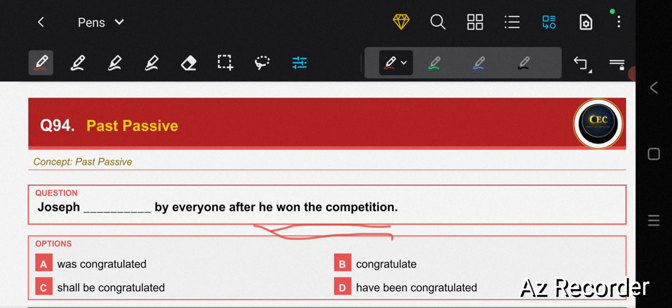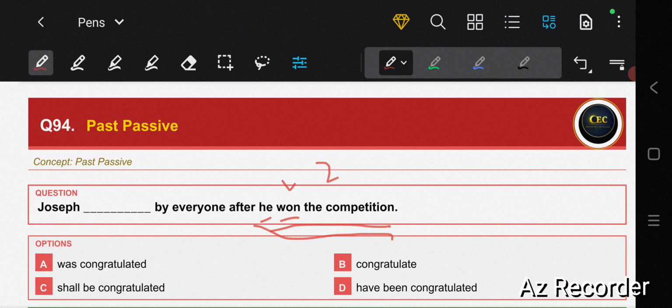Though there we see "won", the V2, and the subject is "he", and we have to fill in the past passive. What's "congratulated"? Where there is victory in the competition and achievements, there will be congratulation. Yeah, we see here in all the options congratulation. It's really surprising. So we have to choose the suitable form.